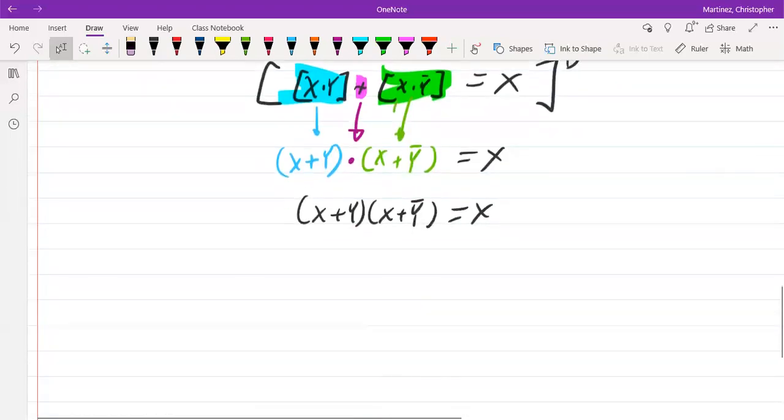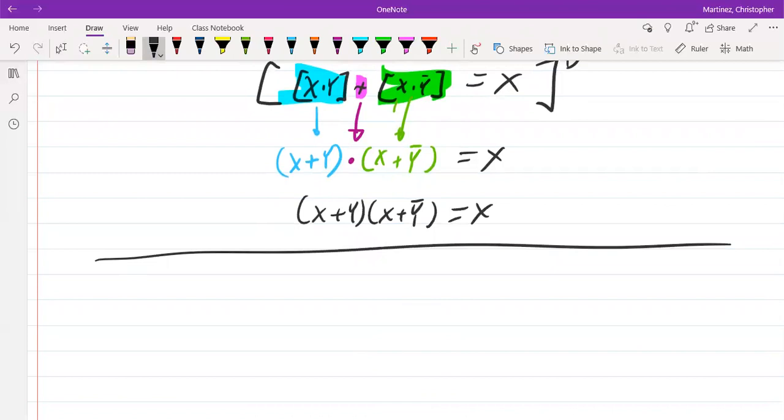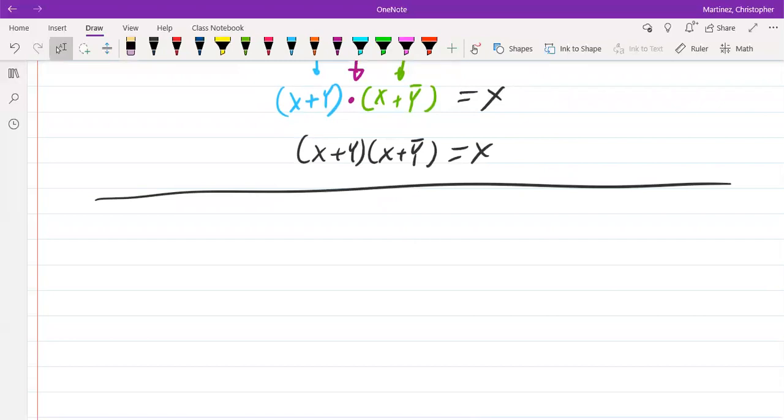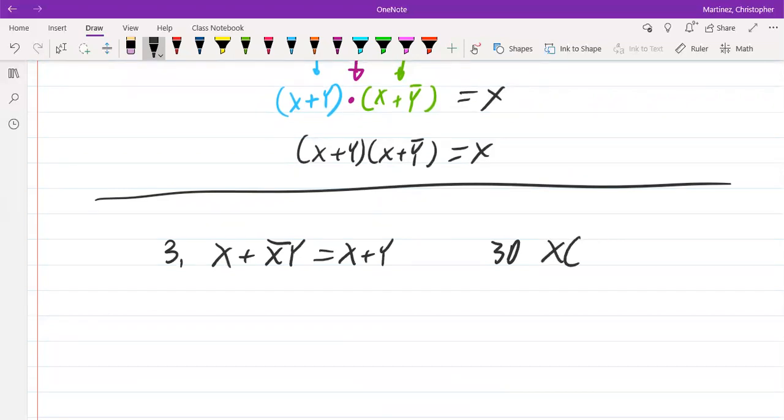Okay, so let's do it on a different term. Let's apply it on something where you've got to manipulate both sides of the expression. So let's do number 3 on our theorem, which is x plus x bar y is equal to x plus y. And 3D on our little sheet is saying that it's x ANDed with x bar plus y is equal to xy.